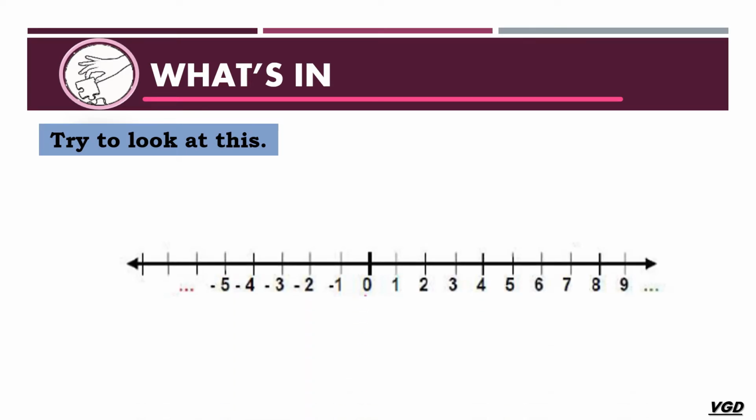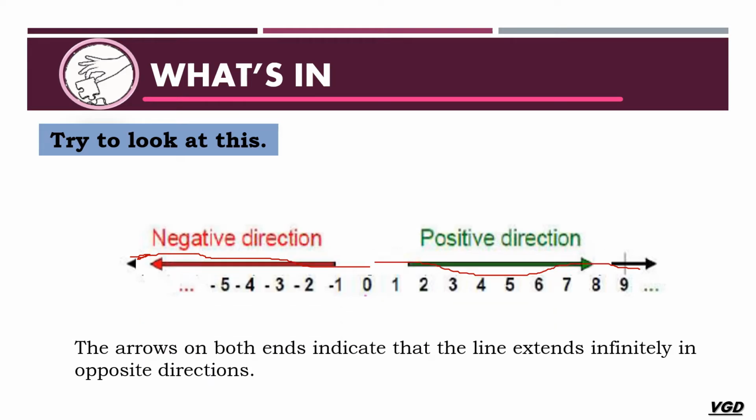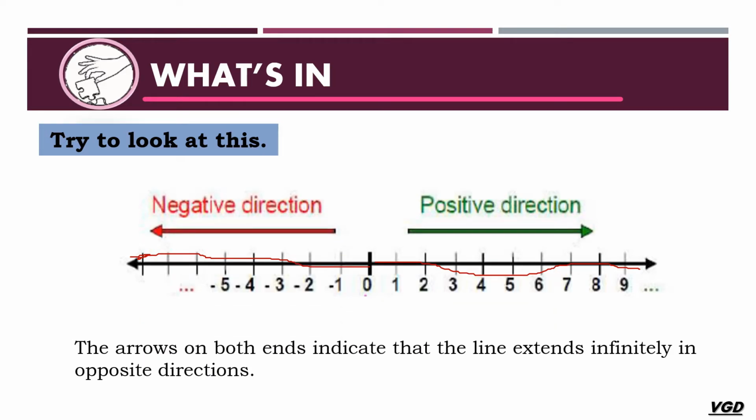As you can see, the arrows on both ends indicate that the line extends infinitely in the opposite directions. We have here the negative direction going to the left and the positive direction going to the right.